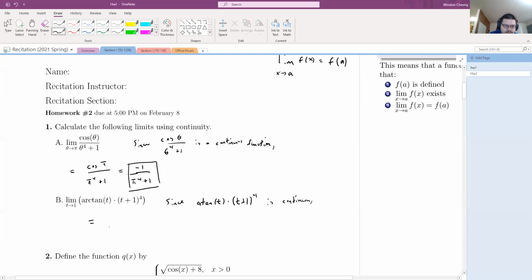Then this limit is going to be just take arctangent of 1 times 1 plus 1 to the 4th.